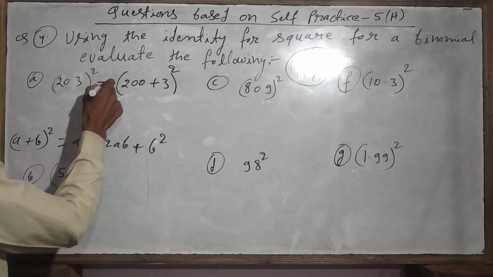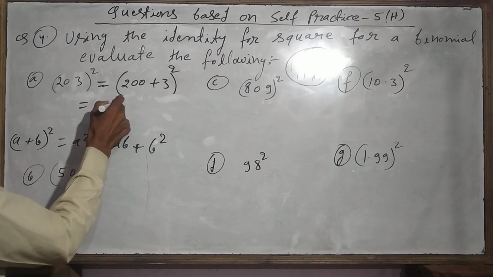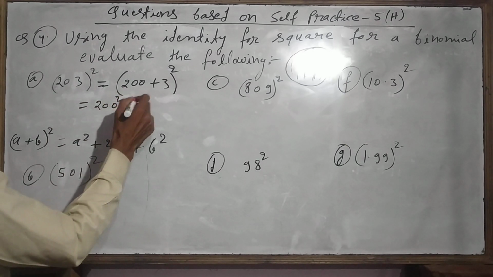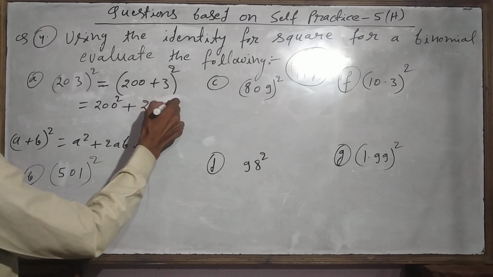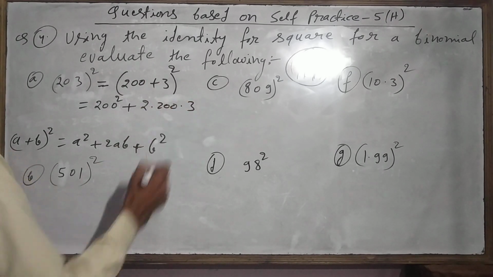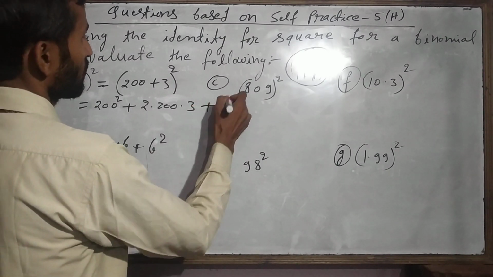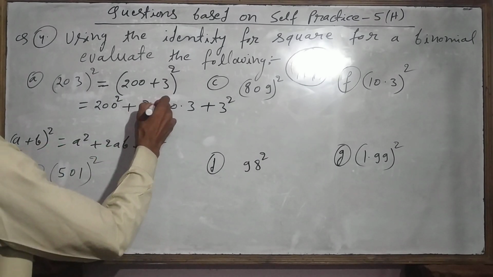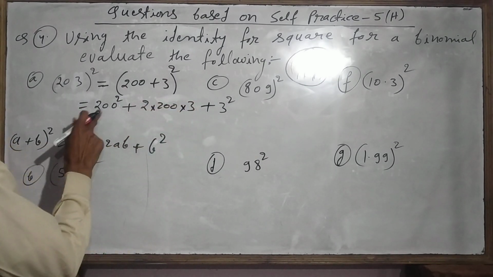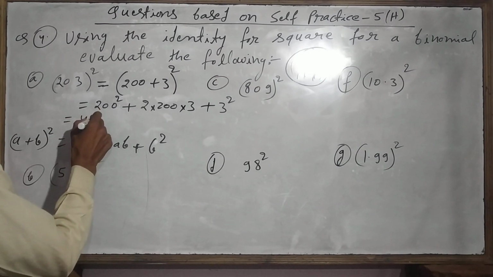So A is 200. Just put here 200 square plus 2AB, 2 into A means 200, B means 3, plus B square, B square means 3 square. Okay. So what will we do in this question? 200 square means 40,000.